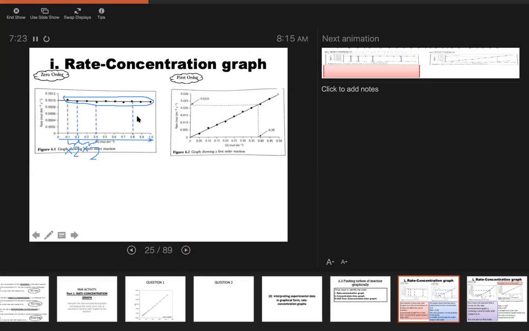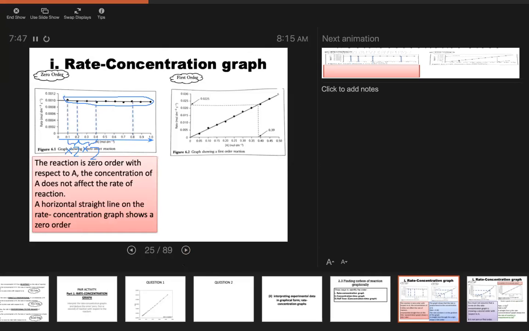Now I can continue to do this up to 0.8. So every time I go from 0.1 to 0.2, that's doubling the concentration. 0.2 to 0.4, again increasing by 2-fold. 0.4 to 0.8 is again increasing by times 2.